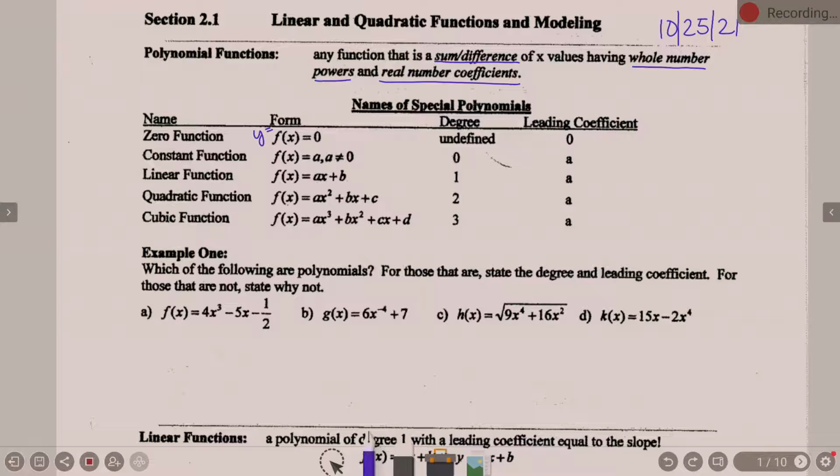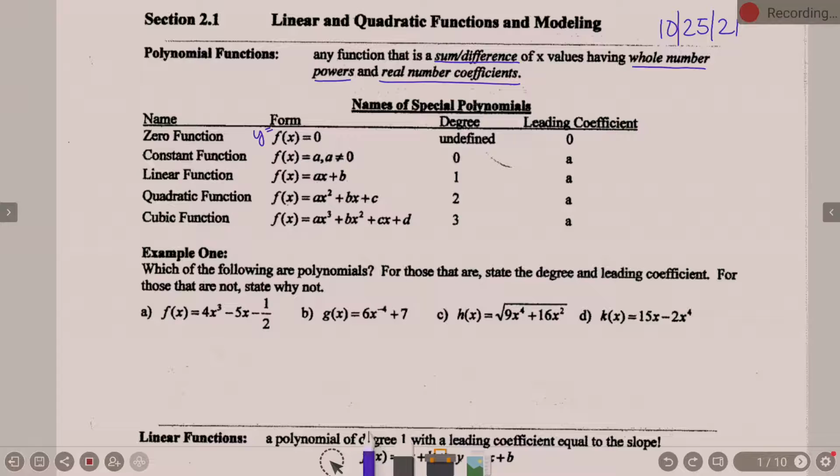The constant function, f of x equals a or y equals a, where a cannot equal 0, where a is just some number. So thus it is the constant function. The degree, well, think about it. There's no x, so it's x to the power of 0. So the degree is 0, and the leading coefficient is the a right there. What you're probably more familiar with, the linear function.